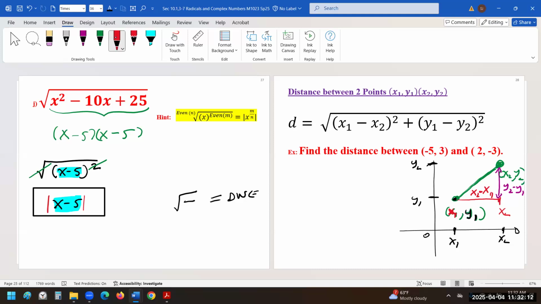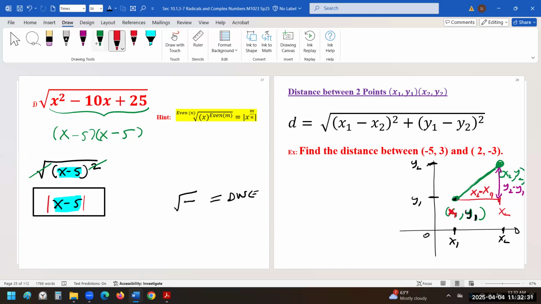A right triangle, right? And when you say right triangle, what comes to your mind? There's a formula, right? Anytime you see any right triangle, a formula comes to your mind. Do you remember which formula? Yep.